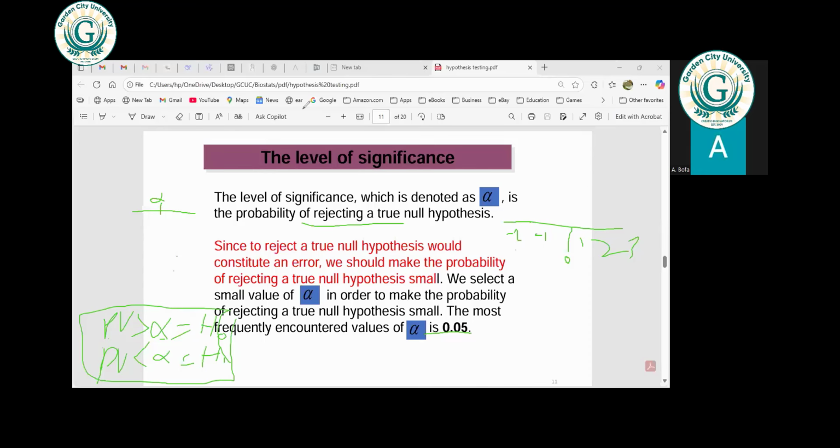True or false? True. Good. So every number on the right-hand side of 0 is greater than 0. And all the numbers on the left-hand side, are they greater or less than 0? Less. Good, less than 0.